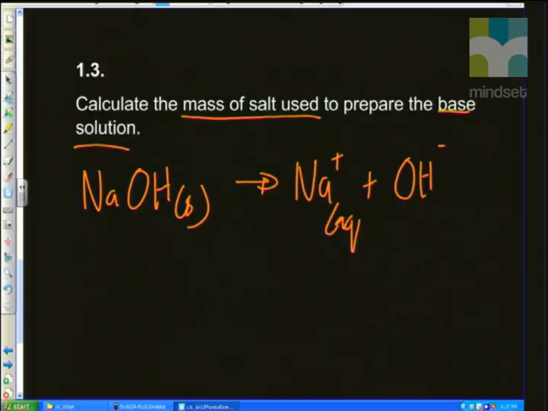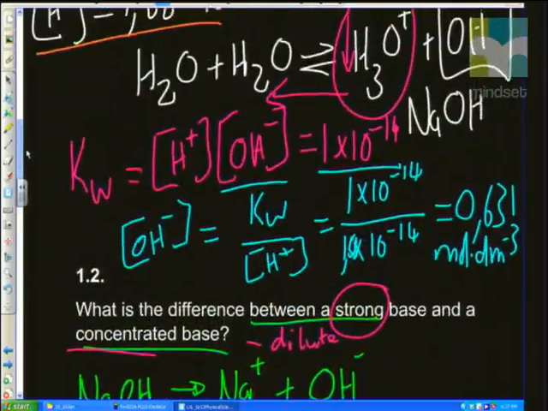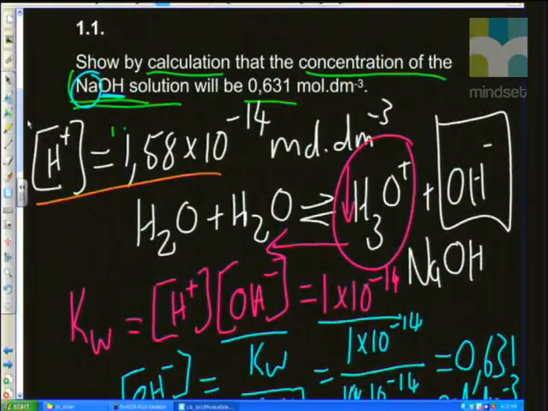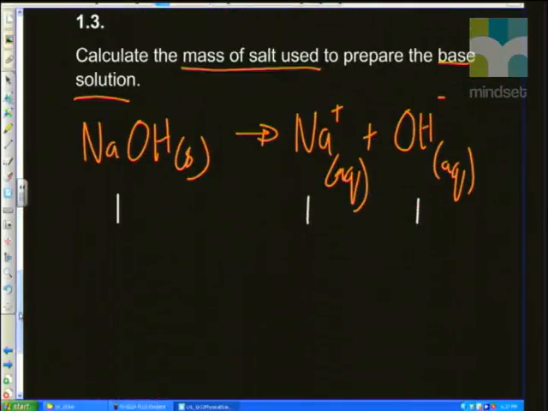This is aqueous. This is aqueous. And remember what I said, that ratio is 1 to 1 to 1. So if I know the concentration of hydroxide ions, which I was actually given, so even if I couldn't work it out, I've been given it over there, 0.63 mole per decimeter cubed. So we know that concentration, 0.631 mole per decimeter cubed.